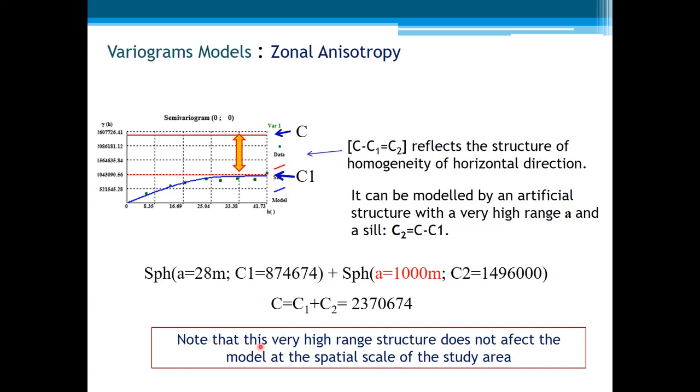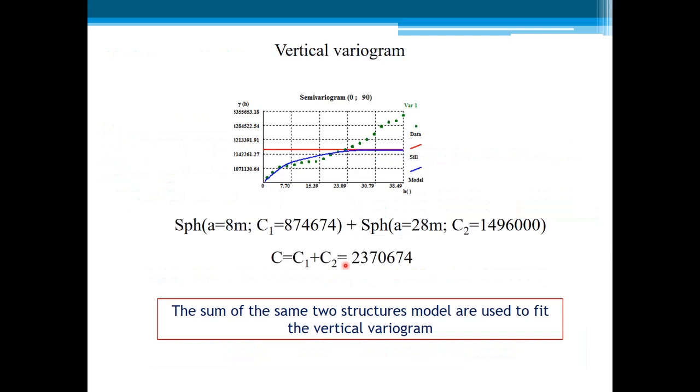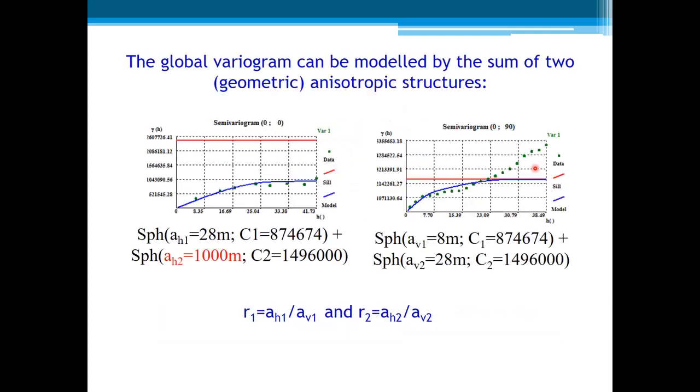Note that this very high range does not affect the model at the spatial scale of the study area. And here we have the two structures in the vertical direction. In short, a global variogram can be modeled by the sum of two geometric anisotropic structures.